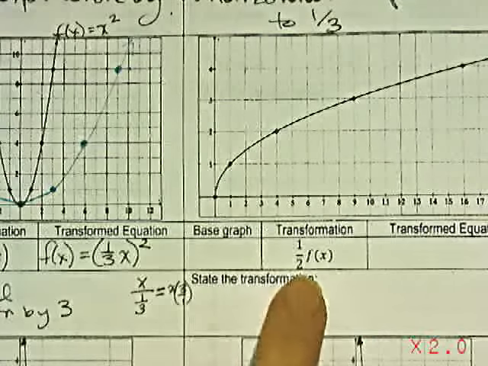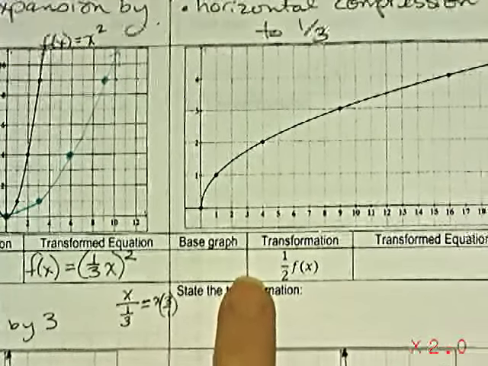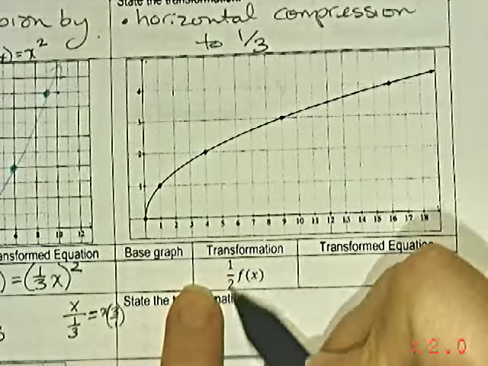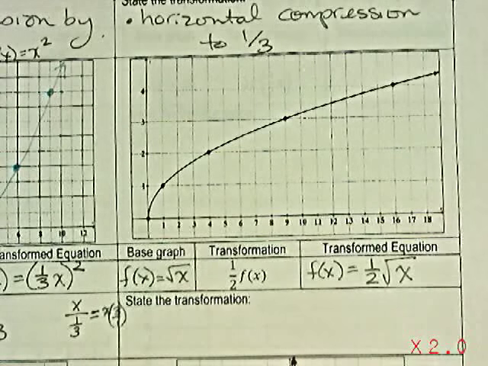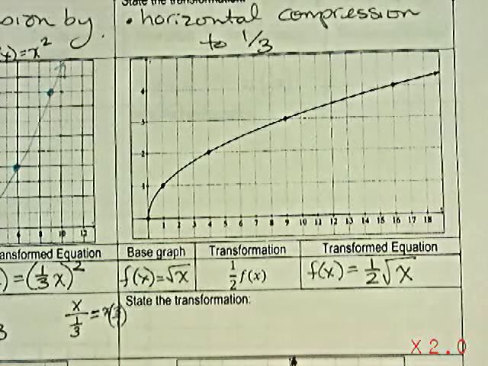Okay, one last transformation of our radical function. If I put a half out front, my radical function has a base equation of f at x is equal to square root of x. If I was to put that a value out front, a half, it simply tucks in front of my square root equation. State the transformation.